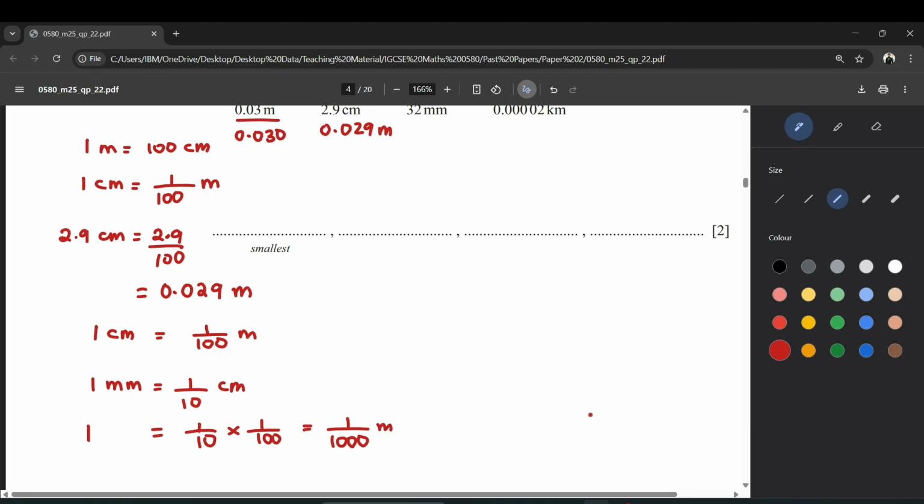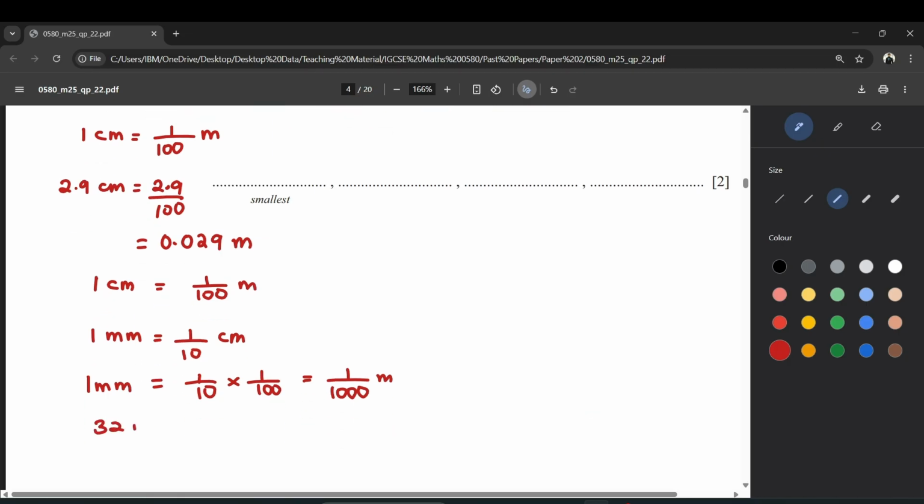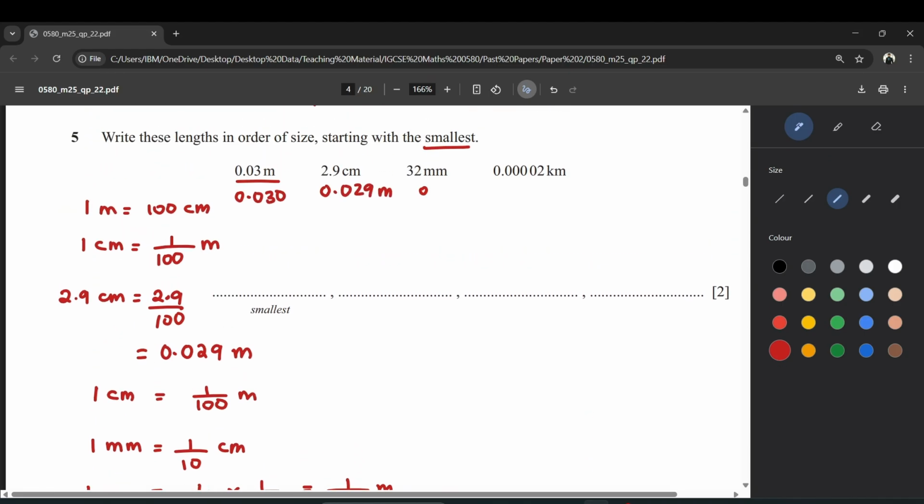So the conversion factor between millimeters and meters is 1 over 1000 meters. So if I have 32 millimeters, I'm just going to multiply 32 over 1000. That would give us 0.032 meters. I'm going to shift the decimal point three places to the left: one, two, and then another. So it's going to become 0.032 meters. Let me write that down here as well.